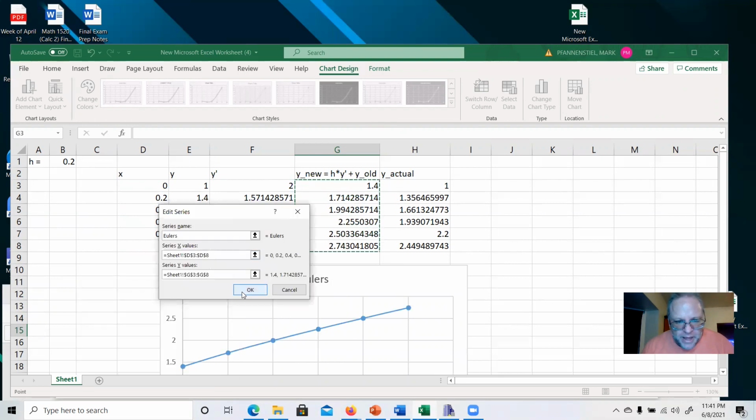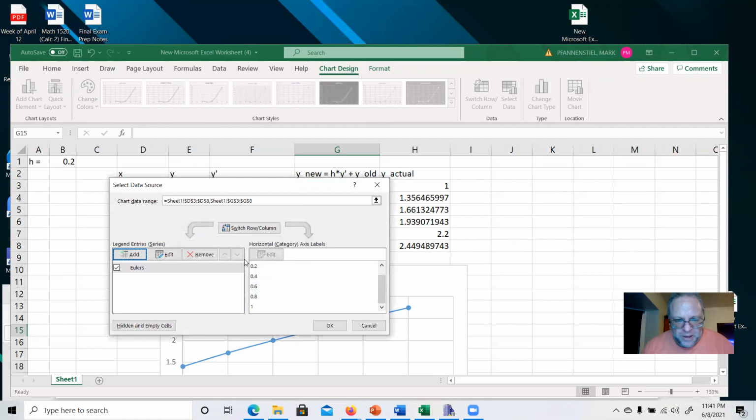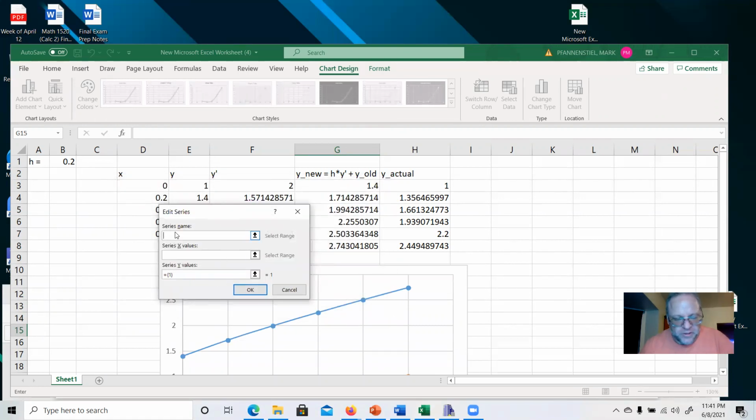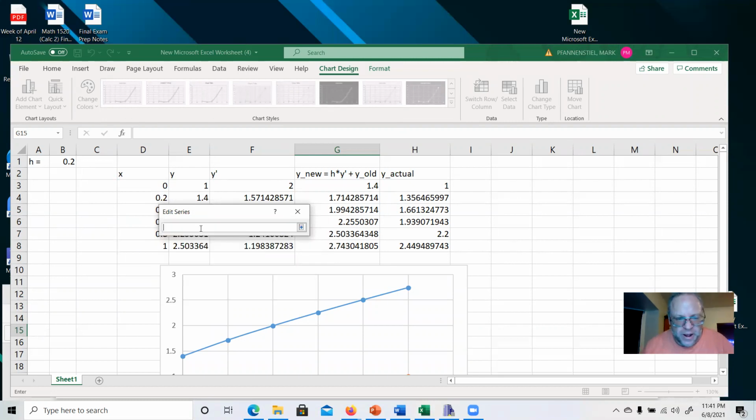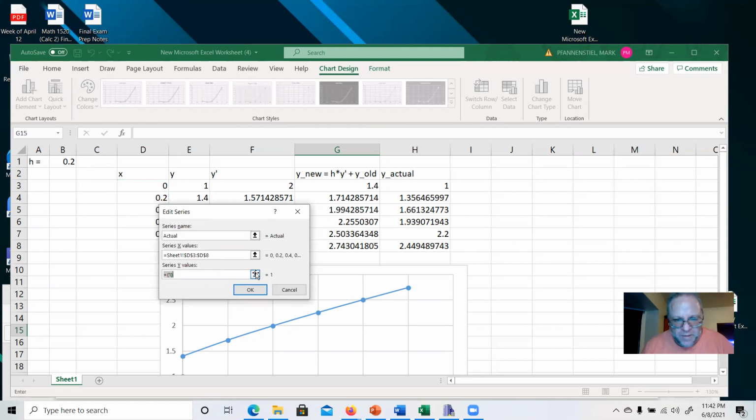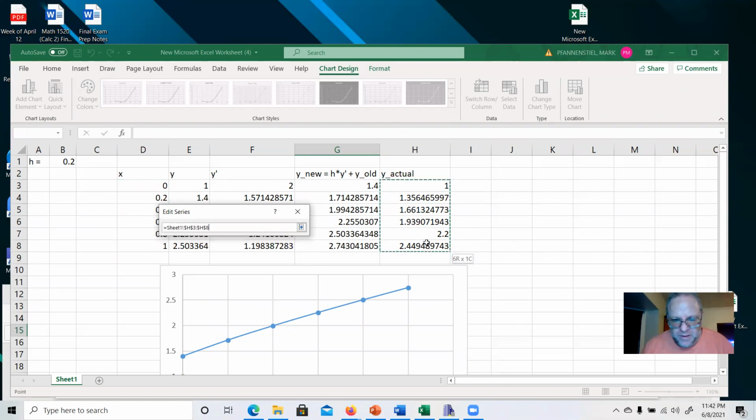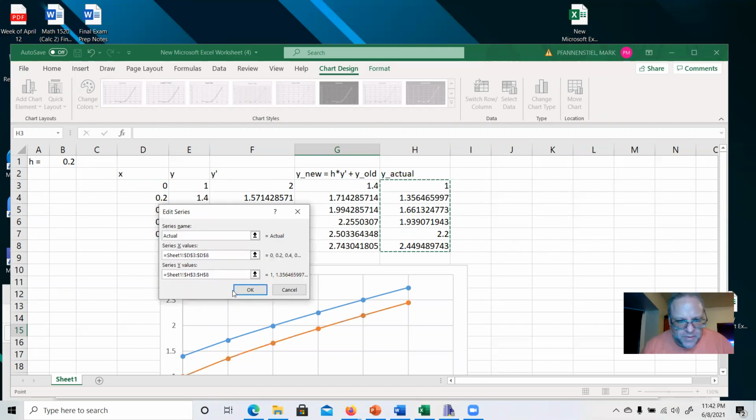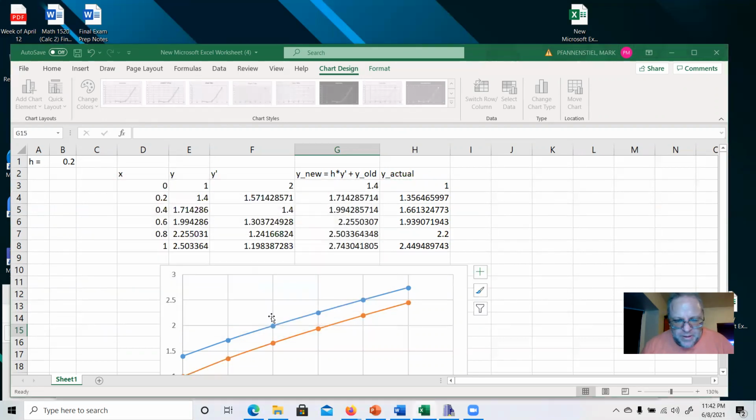All right. And that's going to be our value. Go ahead, let's add another one. So we're going to say this is our actual. Okay, and again, our x's are going to be these guys, right? That's what we still have. And our y values, that's going to be this piece. All right, okay. So there we go.